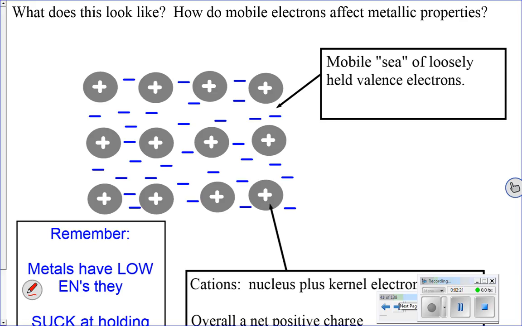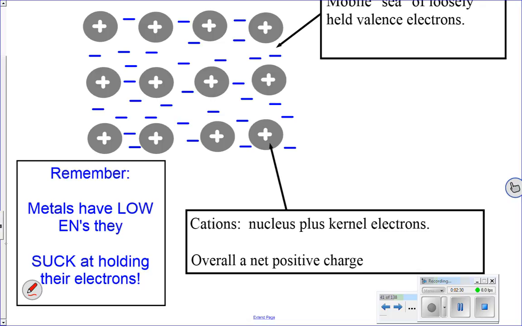To give you an understanding of why those properties occur, these stationary cations that you see are the nucleus of metal atoms plus the inner kernel electrons, which give them an overall net positive charge.